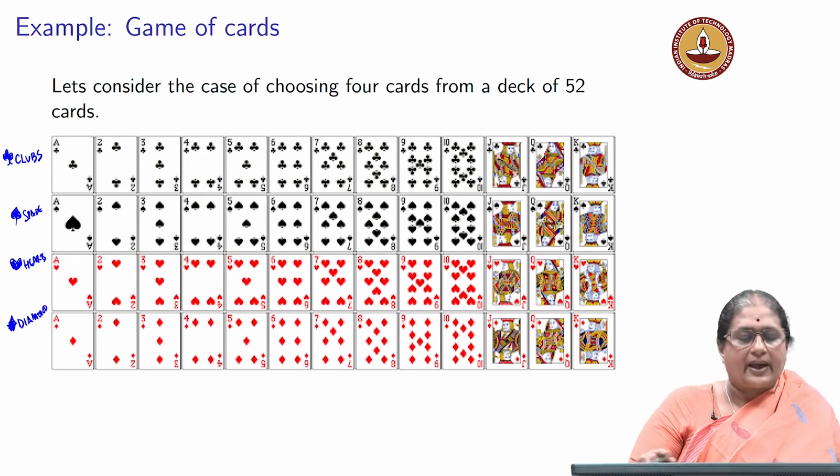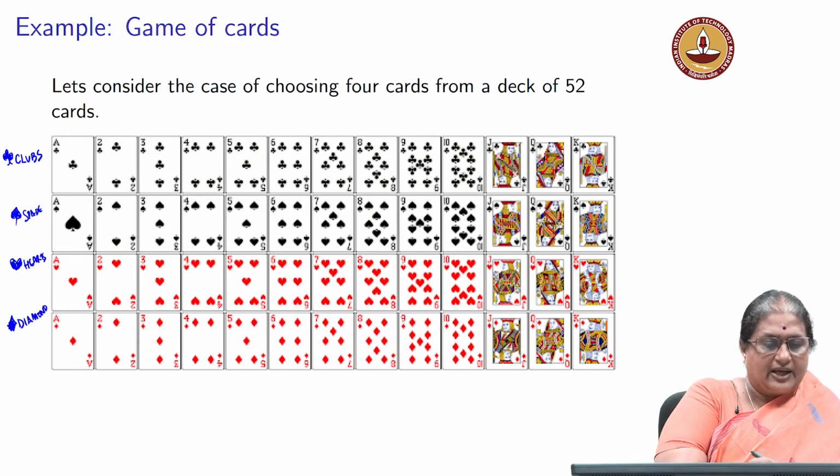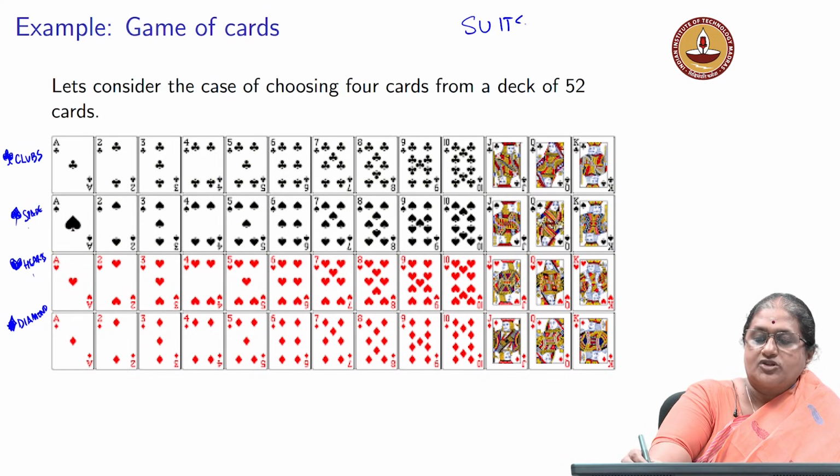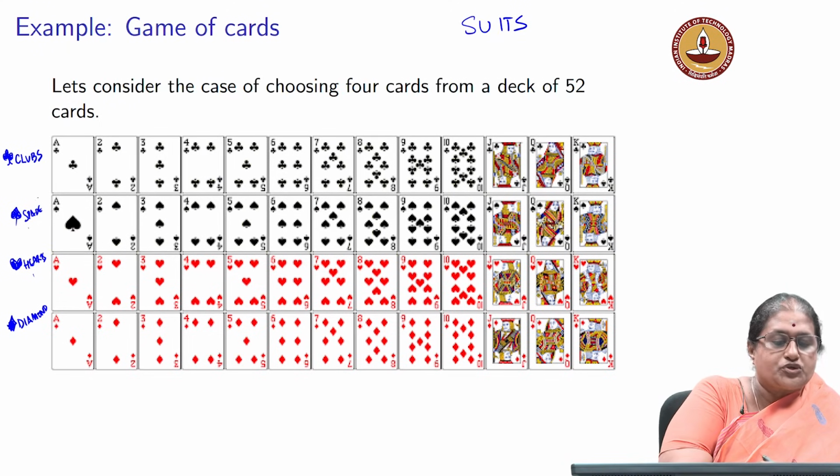When we look at a pack of cards, we have clubs, spades, hearts and diamonds. These are referred to as suits. So, typically I have 4 suits: clubs, spades, hearts and diamonds.